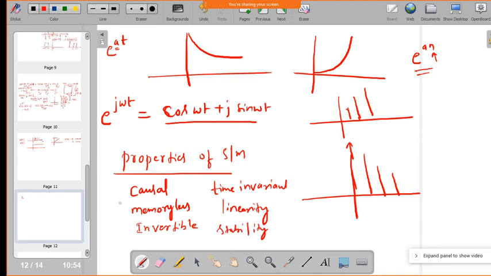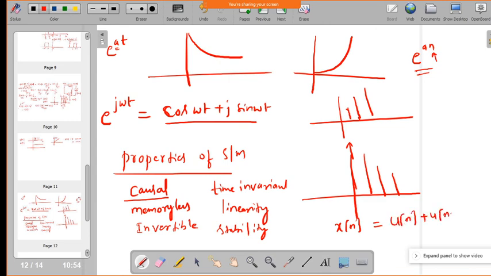So now when we say that a system is causal, if the system value does not depend on the future values, then we call it a causal system, right. So for example, if you take x of n equal to u of n plus u of n minus 1 plus u of n minus 2, now it depends only on the present and past values, is it not?